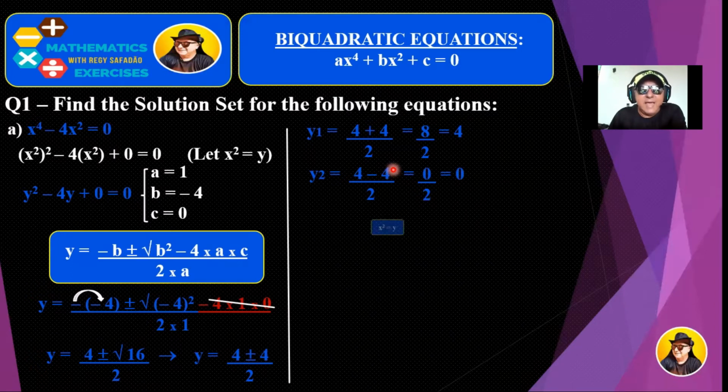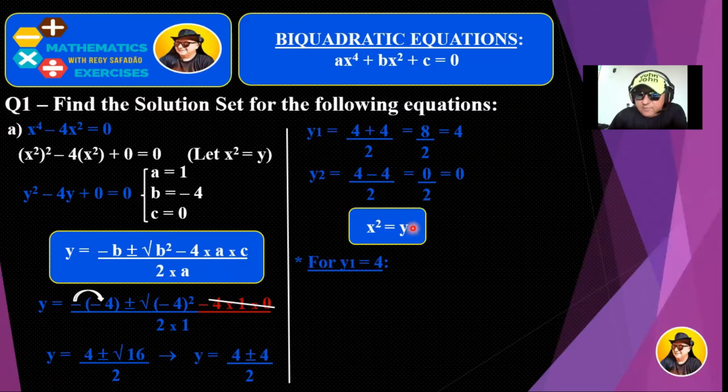So it's right. Then, remember what we did here. x squared was y. Now we have this: y is 4 and y is 0, okay?